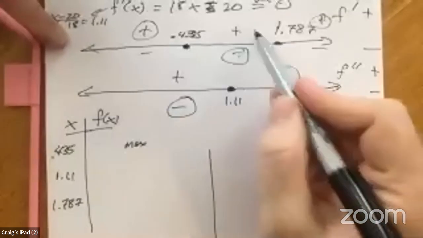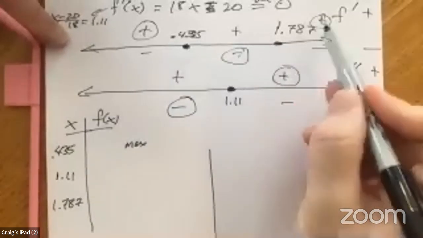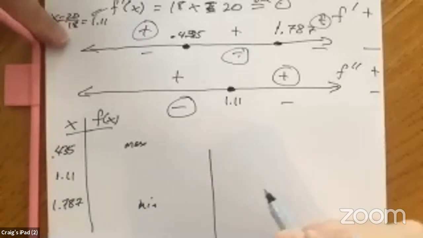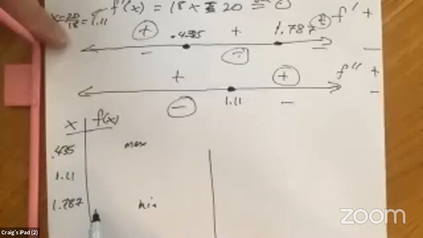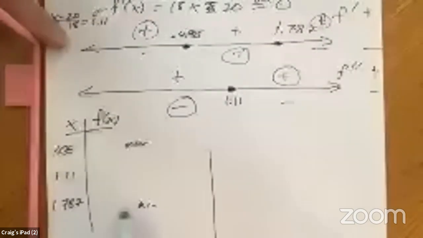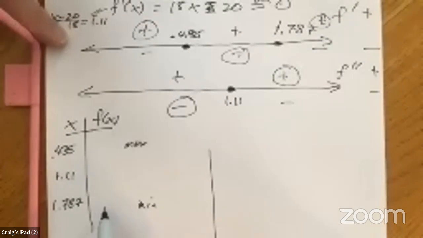And this one's decreasing, then 0, then increasing, which means that 1.78 has to be a min, at least a local min. And if I stick in this value to get out f of 0.435, I'll find out what the local max is. What is the local or relative min at this spot?